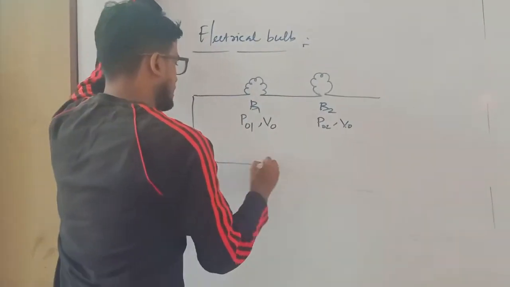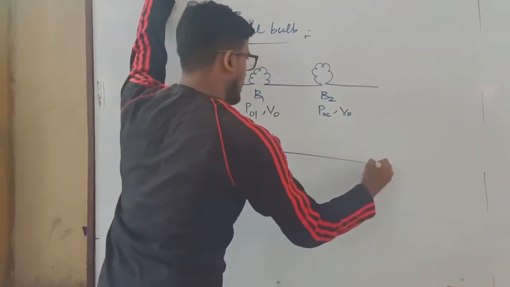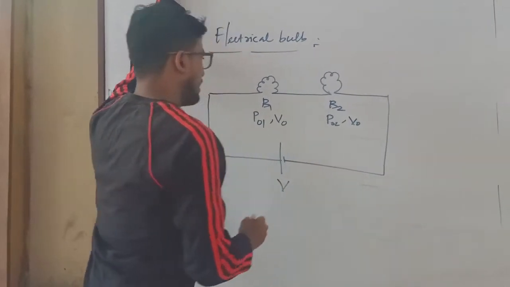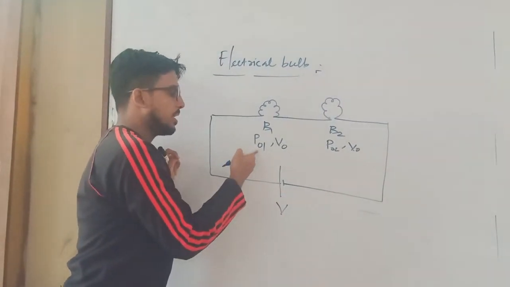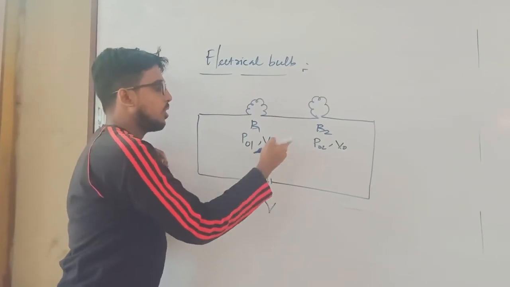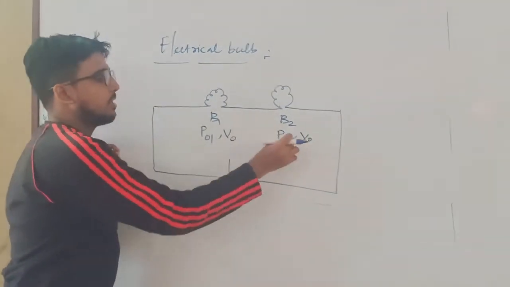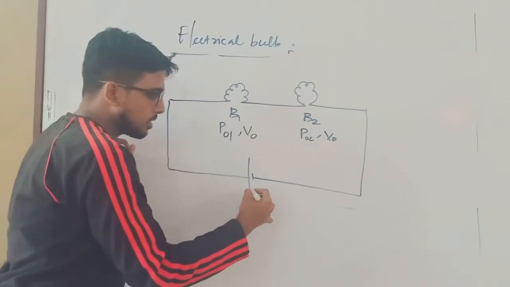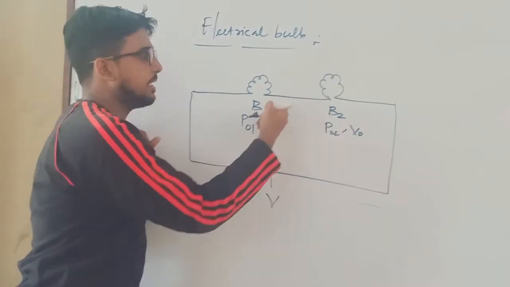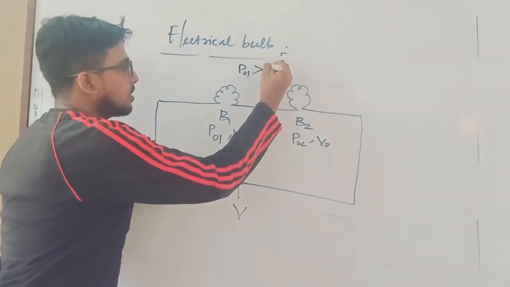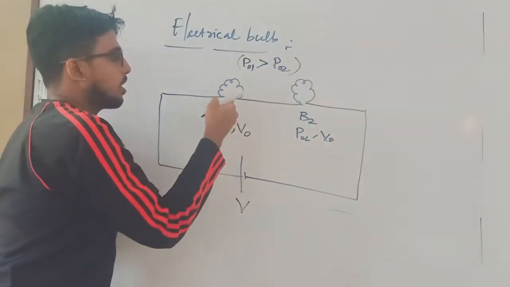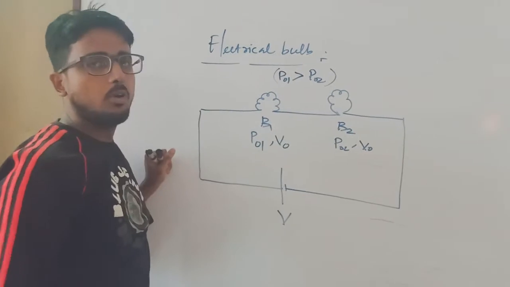These are connected in series across a potential drop V. Let for this case P01 be greater than P02. That means the power of bulb 1 is greater than the power of bulb 2.